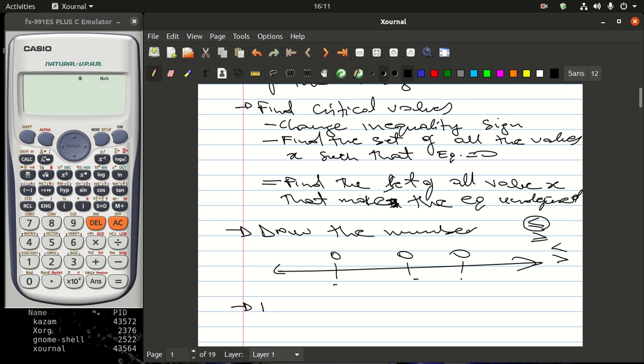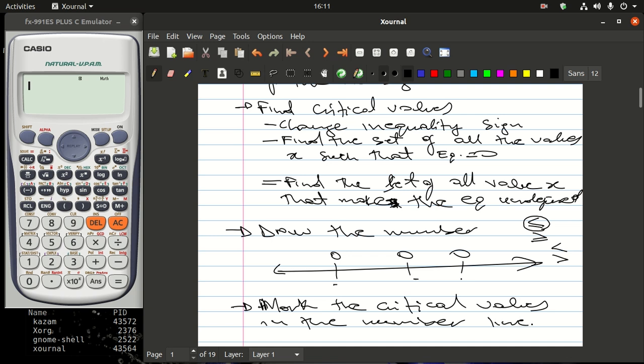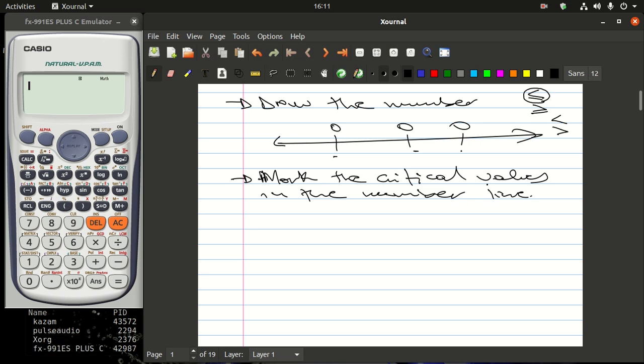And then, as we said, you mark the critical values in the number line, and after that you pick a region. You pick a value here, plug it into the given inequality and see if you are getting a positive or a minus sign.